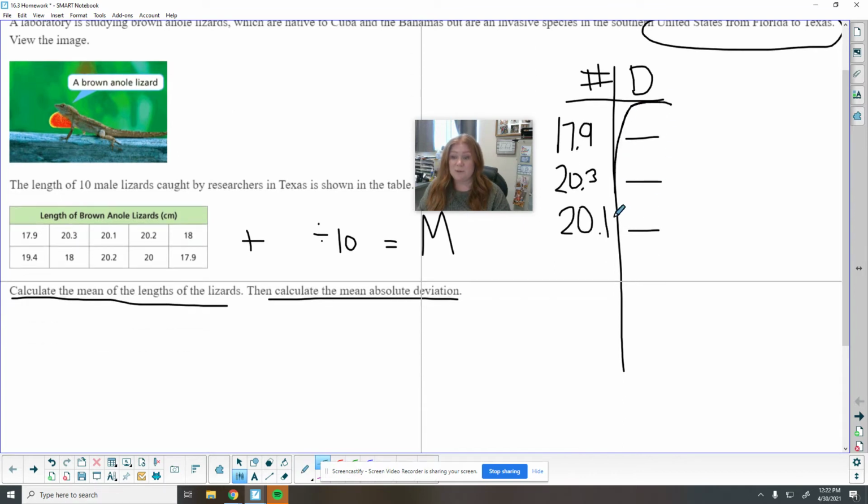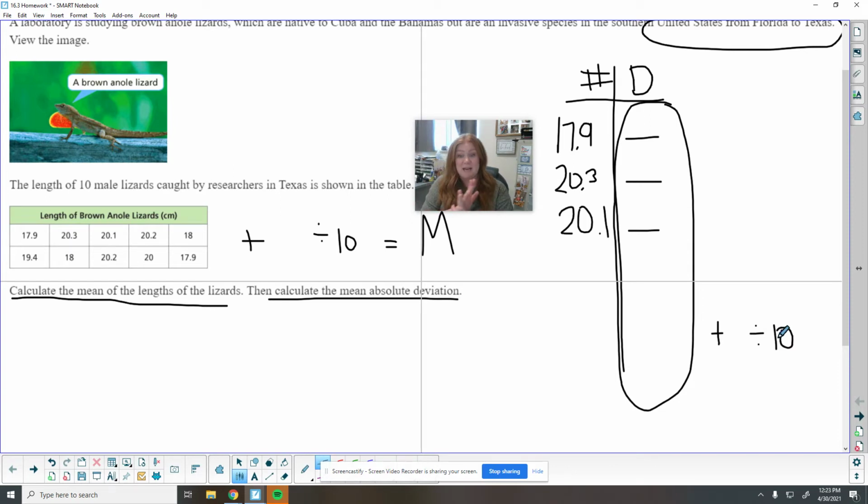Then we're going to add up all 10 of our distances. So add up your distances, and then we're just going to divide by 10. We're finding the average, the mean absolute deviation. Absolute is how far away they are from the mean. Deviate means how do they differ from that number?